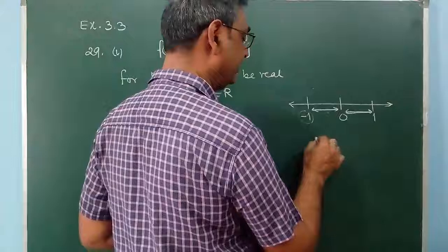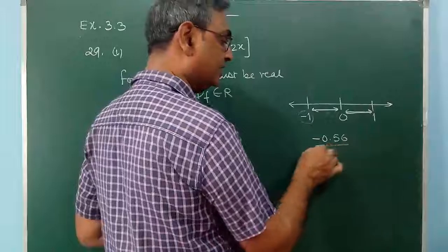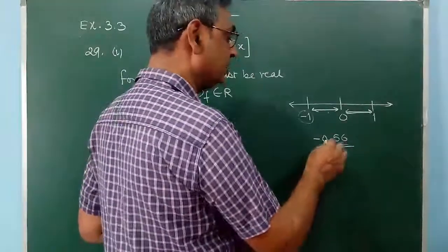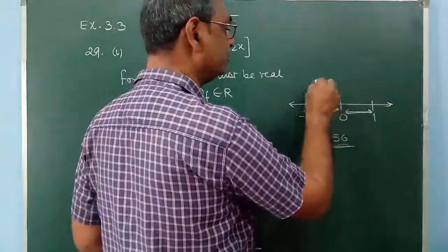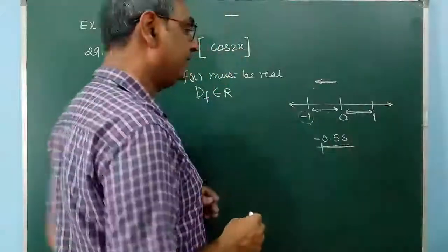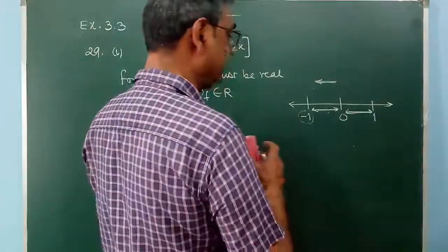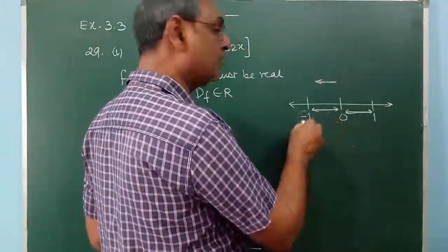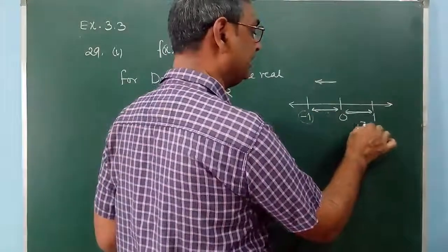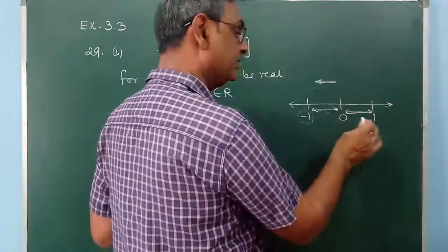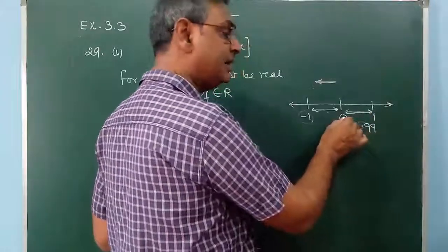Like if I am having here -0.56, the greatest integer before this decimal is not there in the integers, so the greatest integer will be -1, and we have to just take the integer towards the left hand side. If it is exactly equal, no problem, but if it is in between the two numbers, we have to look for the lower number or the left hand side number, and that will be the value. Like here it is 0.75, so the greatest integer will be 0. If it is 0.99, then also the greatest integer will be 0.